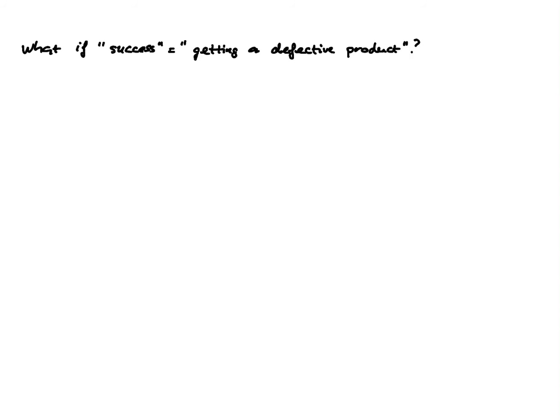Okay, so think of the following example. Suppose you flip a coin, right? When you flip a coin, you have two possible outcomes. You either get a head or you get a tail, right? So when you flip a coin, you can define success as either getting a head or getting a tail, right?